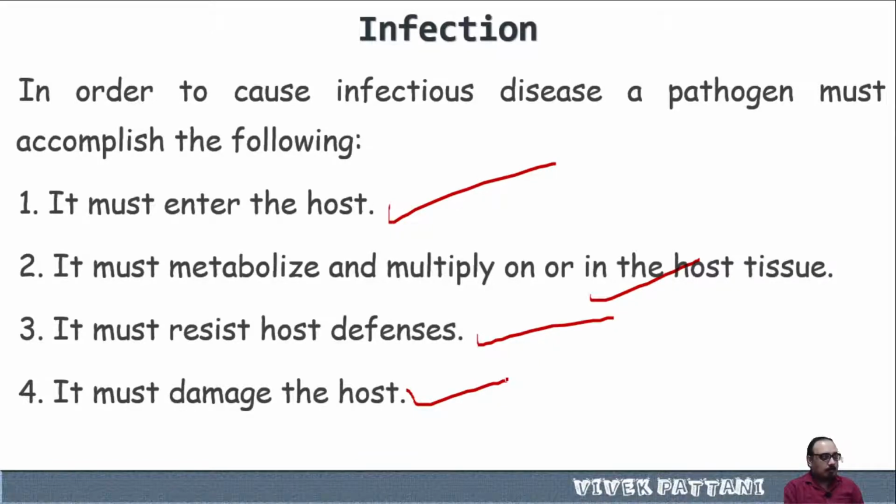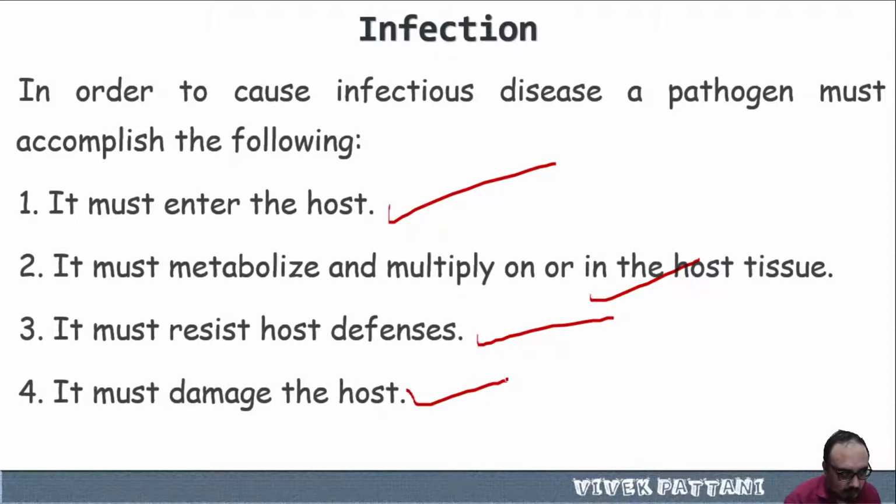For the first point, for example, salmonella. To be specific, Salmonella typhi will cause an infectious disease only when it enters the host. In another scenario, a skin infection does not enter the body, but survives on the surface of the host.